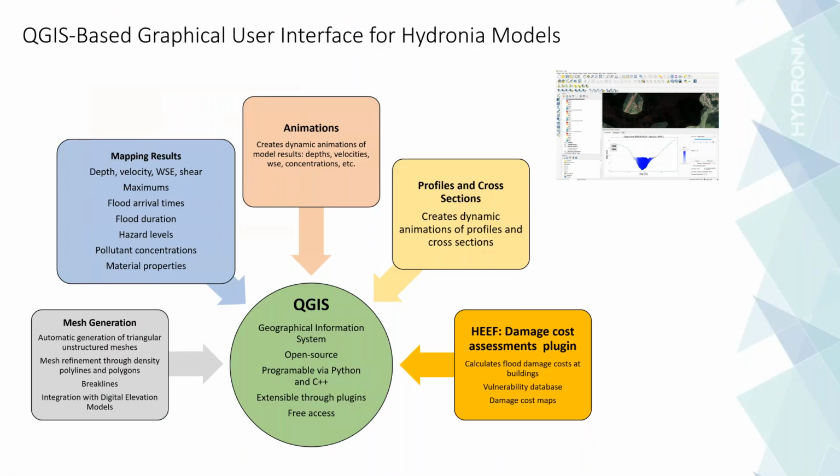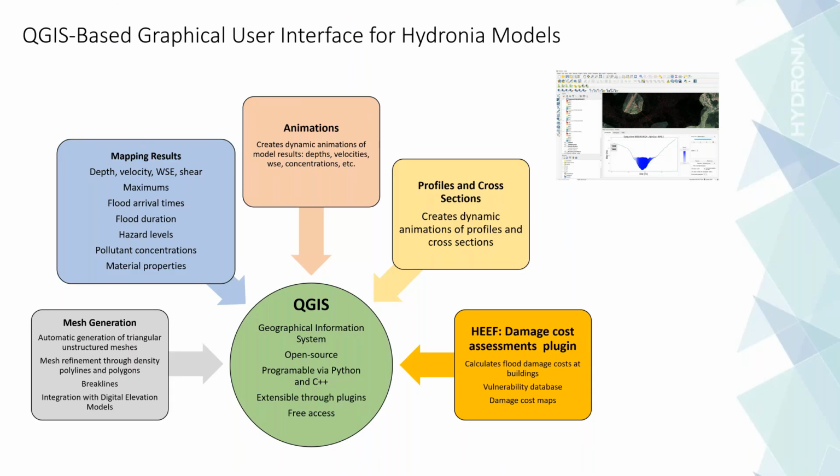The graphical user interface of Hydronia models deals with the input of data into the models that is essential to the model performance, but also deals with the post-processing, the generation of maps and animations.